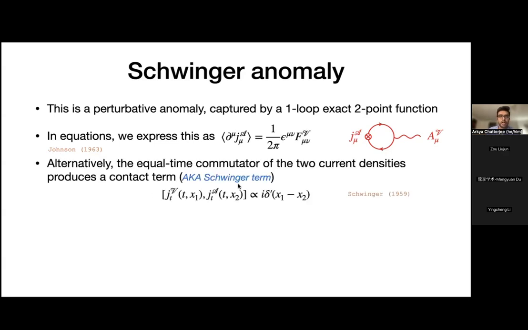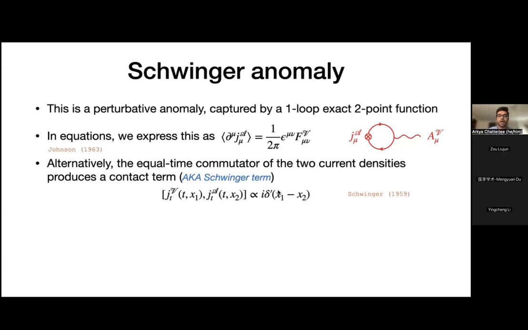Alternatively, as Schwinger originally showed, this is also reflected in the equal time commutator of the current densities associated to these two symmetries. You take the time components, so this J mu, you plug in mu equals the time component, and you look at the same time slice, at two different spatial points, and you take a commutator of these two quantities, and it turns out that it's proportional to the derivative of a delta function.